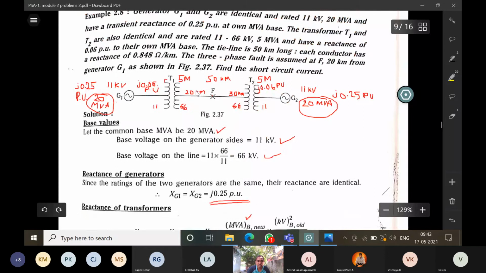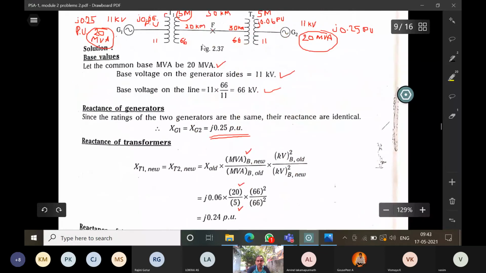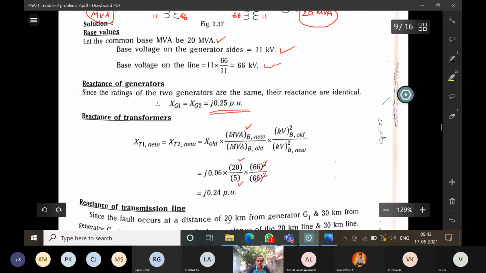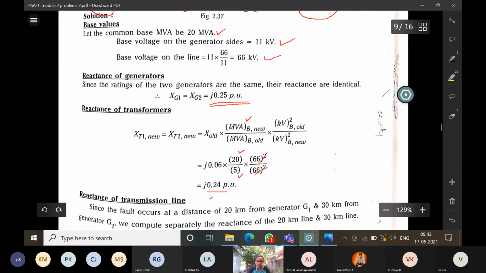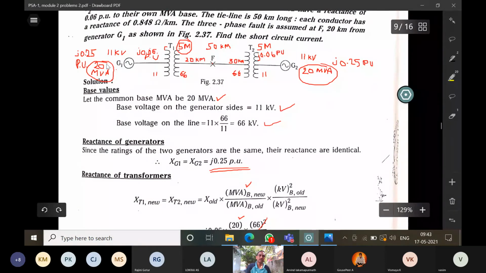The new base is 20 MVA and the old base of the transformer is 5 MVA. Put 5 MVA and the HT side 66 by 66, which cancel each other, so the reactance of the transformer on the new base is j0.24 per unit. For the generator, 20 by 20 and 11 by 11 cancel, so only 0.06 remains as it is.